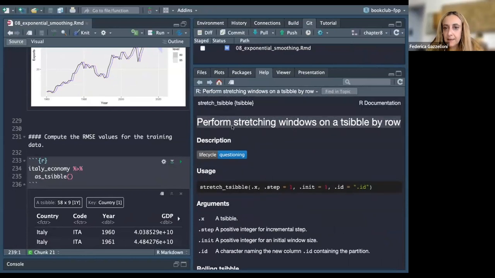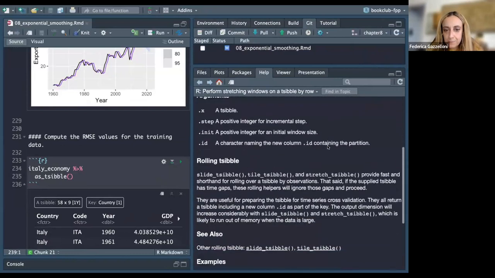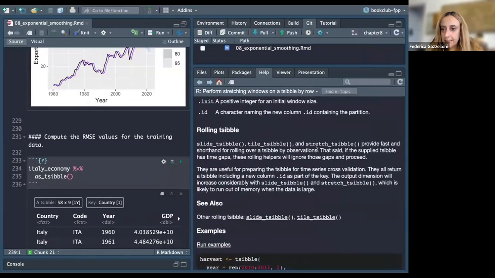And basically, as I said, stretching windows on a TS table by row, and that is supplying TS table time gaps. So basically, it's like a rolling average. It stretches the observations to fill the gaps.